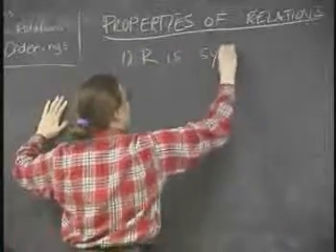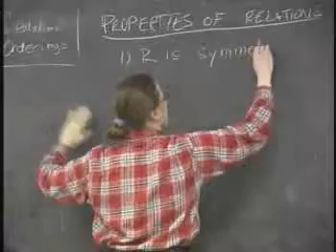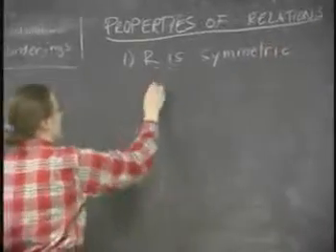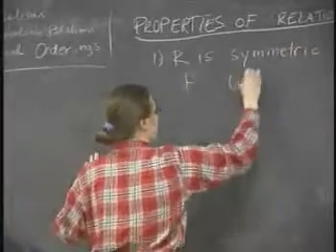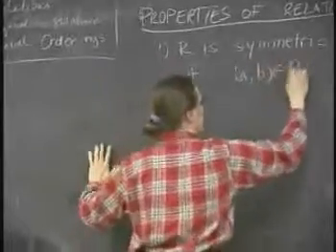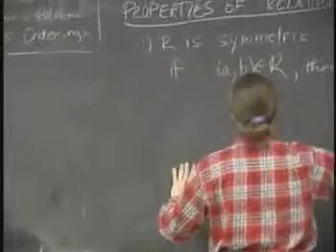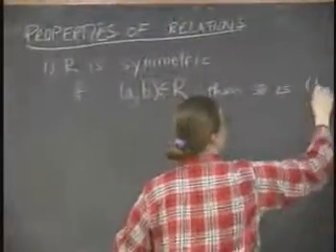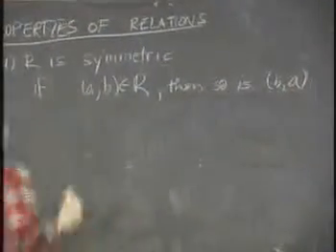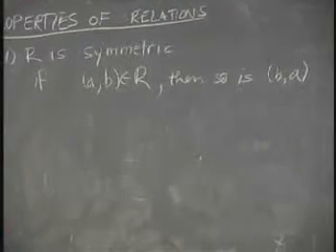R is symmetric if A, B is in the relation, then so is B, A. So if A is related to B, then B is also related to A.